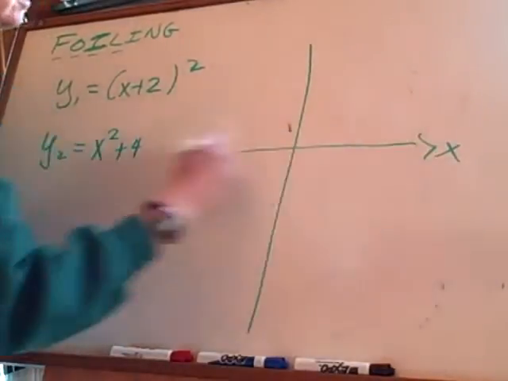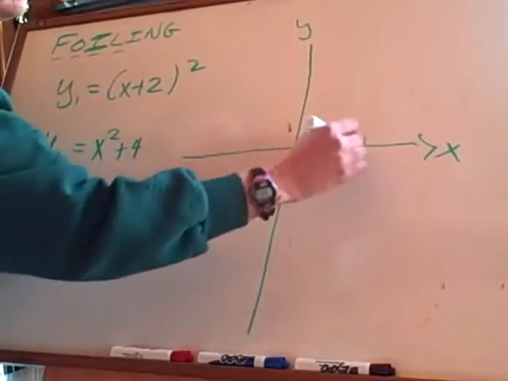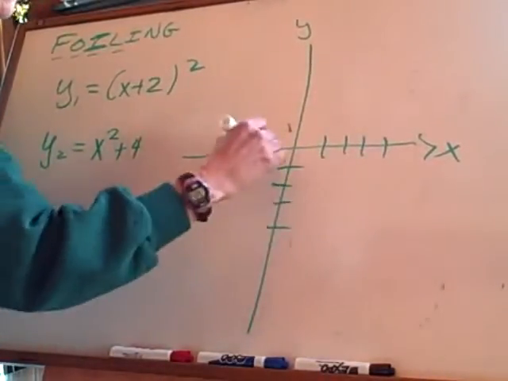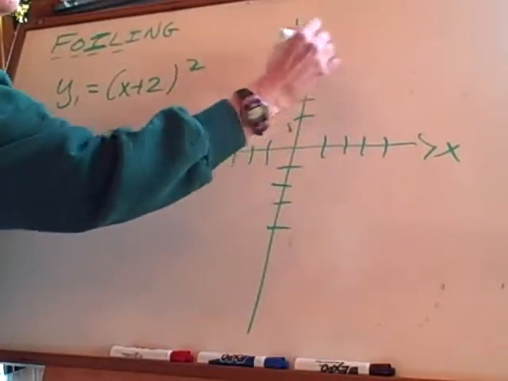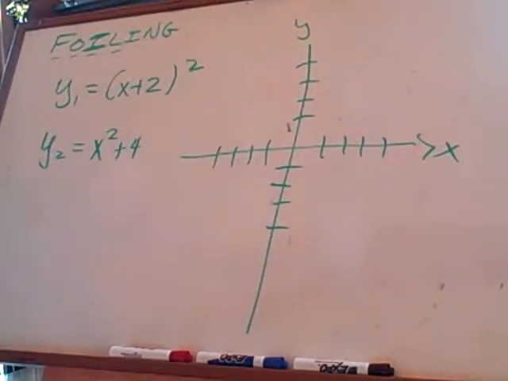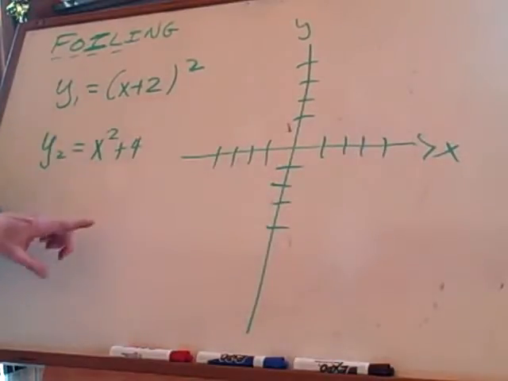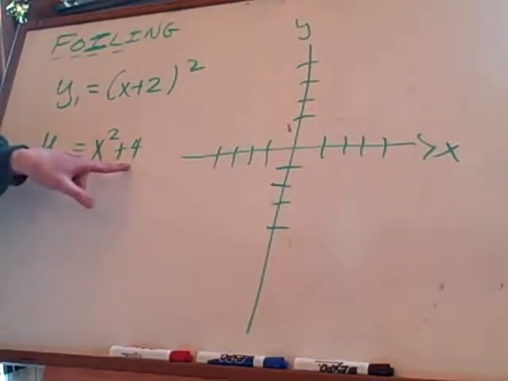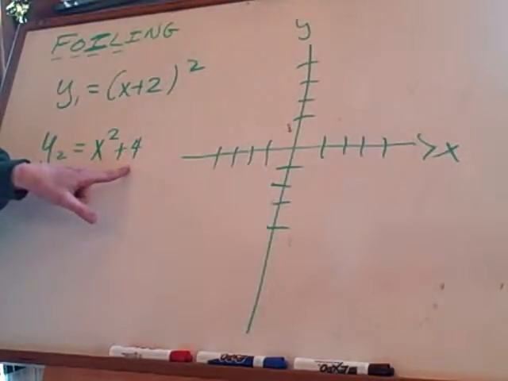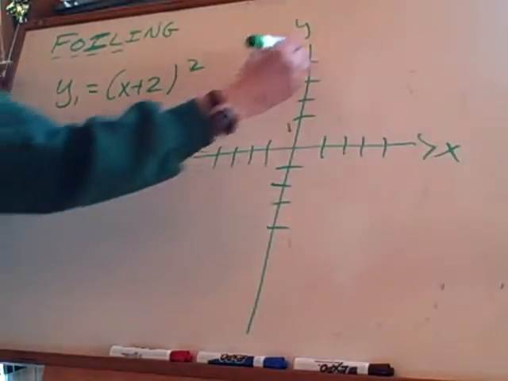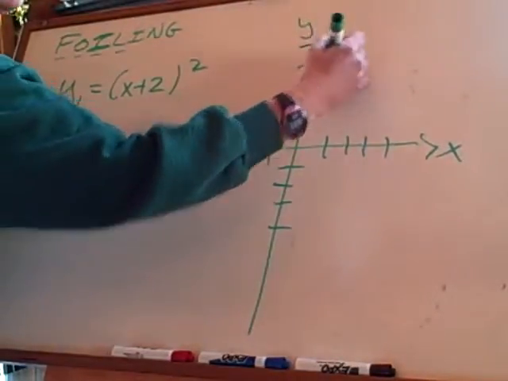Okay, this is my x-axis, this is my y-axis. All right, now let's graph y2 first because I just think it's easy. It's just your standard parent graph of x squared, only it's going to go through at (0, 4). Does that make sense? It's just shifted up 4, so it's actually going to start here.